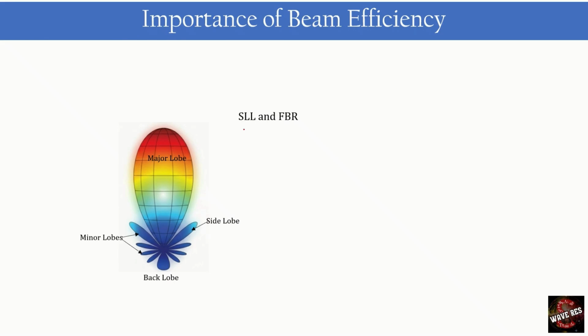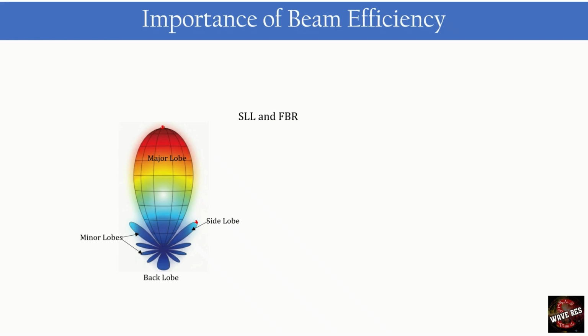We have seen that we have side lobe level and front to back ratio to indicate the level of the minor lobes with respect to the major lobe. In the case of side lobe level, we are considering the major lobe and the side lobe. This difference is taken as the side lobe level.